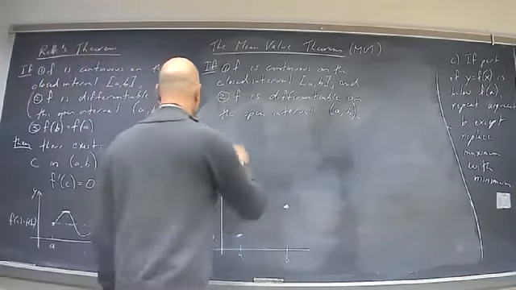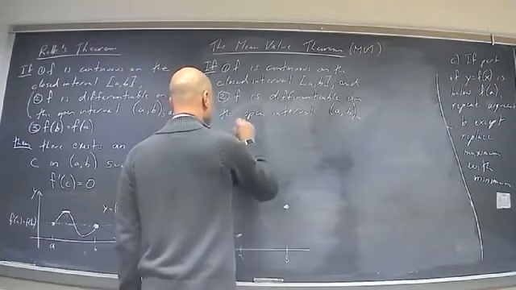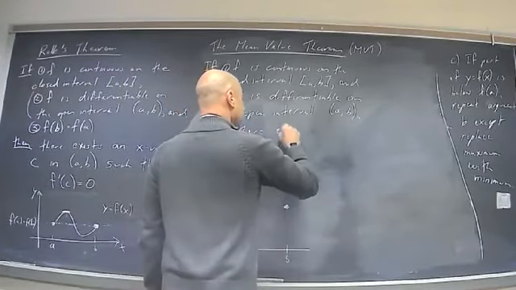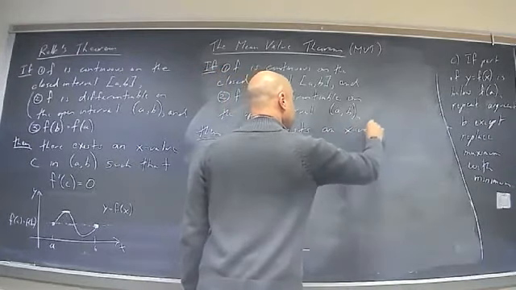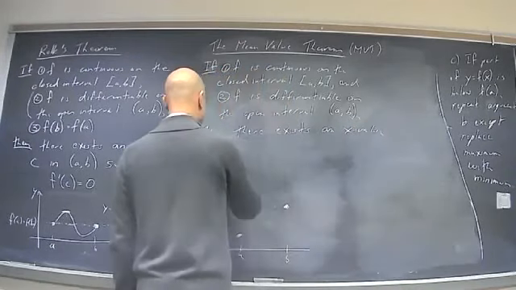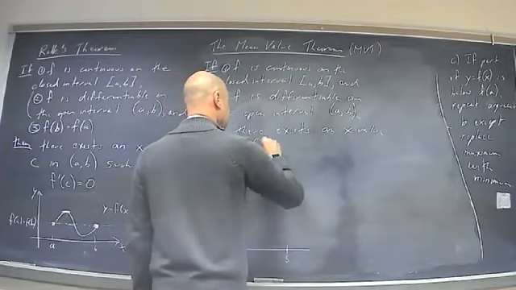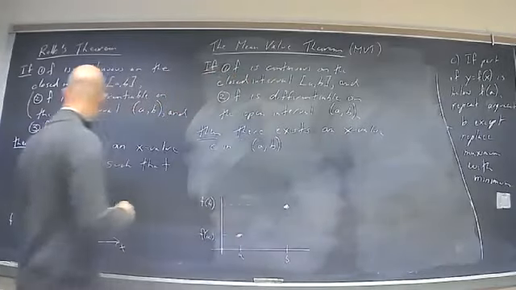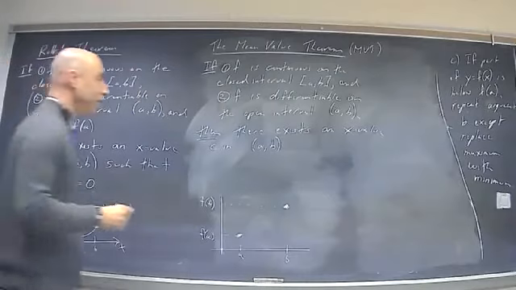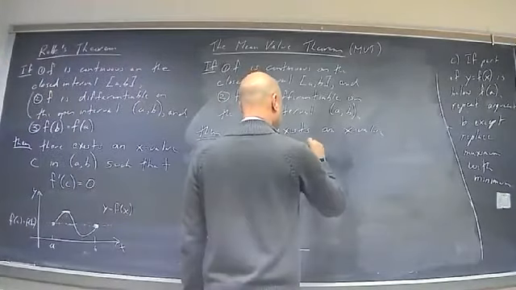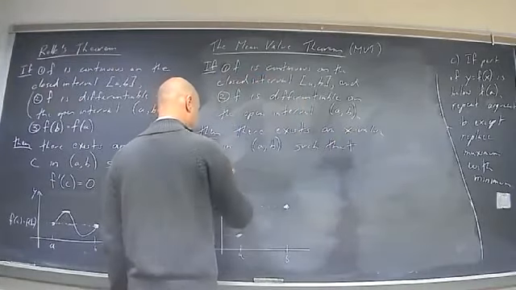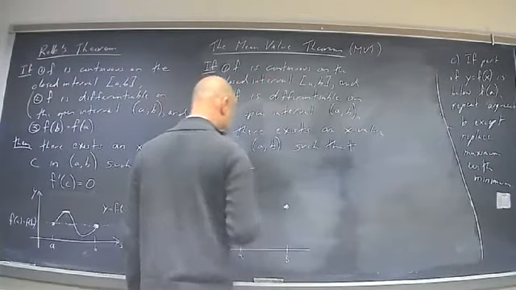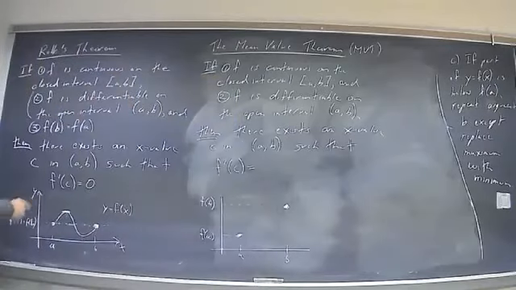So then there exists an x value c somewhere between a and b, such that f prime of c equals, so far it looks the same, but we know it can't be 0 there.